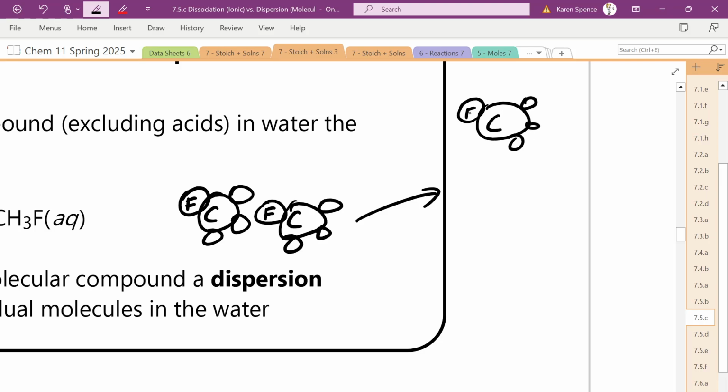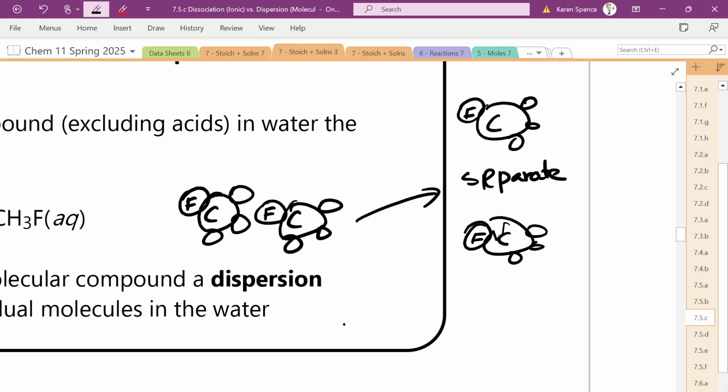CH3F, CH3F, separate. So like with sugar, for example. There's no dissociation.